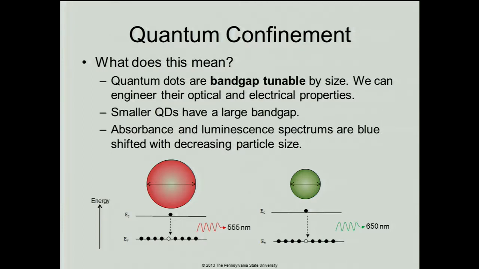So, this is a larger quantum dot. When the energy gap jumps, if you convert that into wavelength, it comes to around 555 nanometers, say. If you make it smaller, the energy gap increases, and from E equal to hc over lambda you calculate the wavelength.